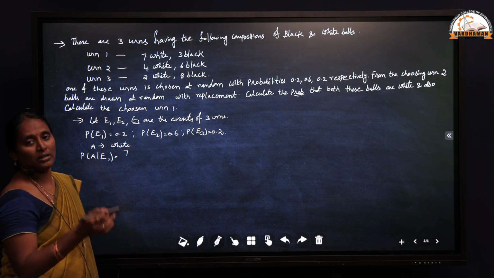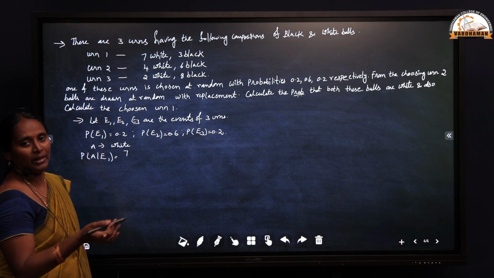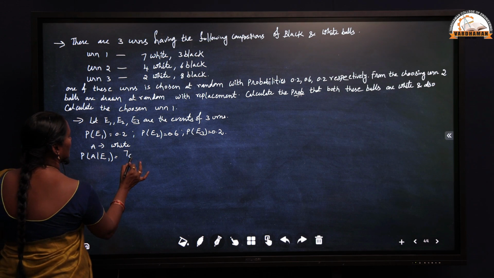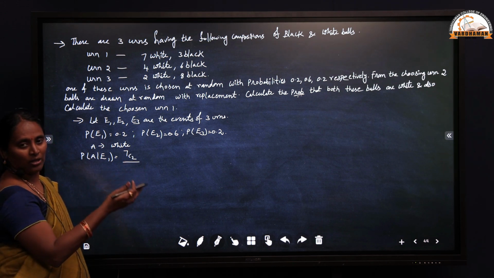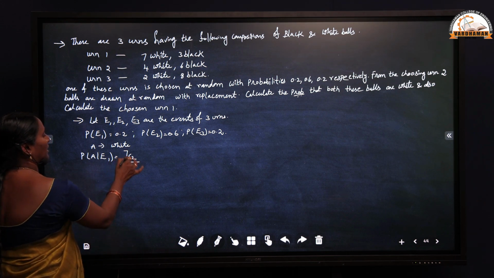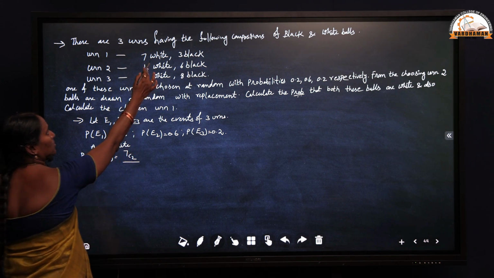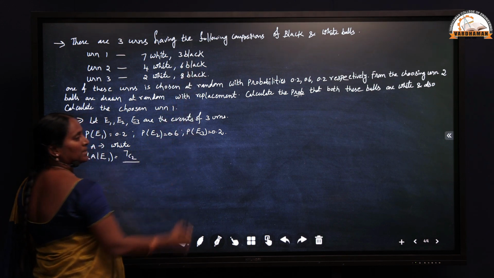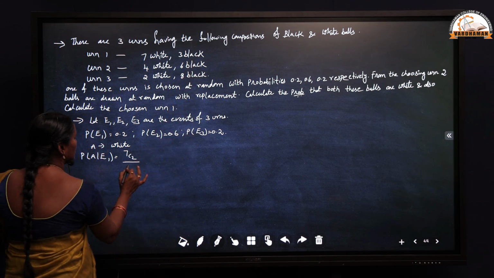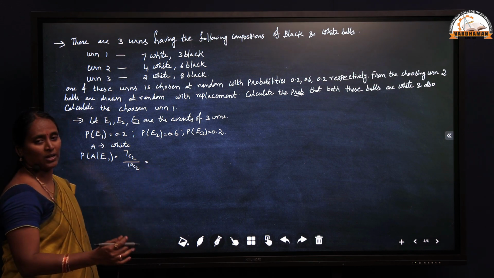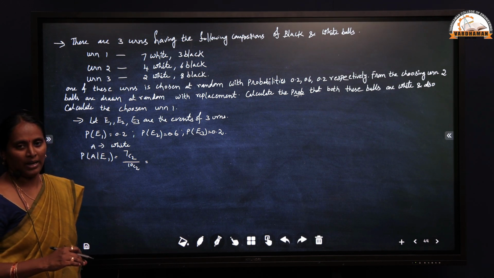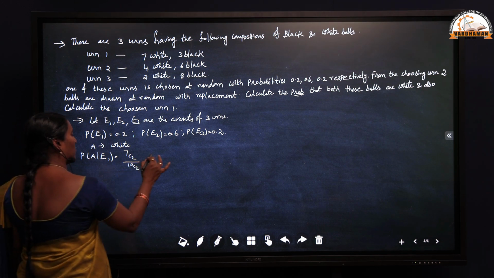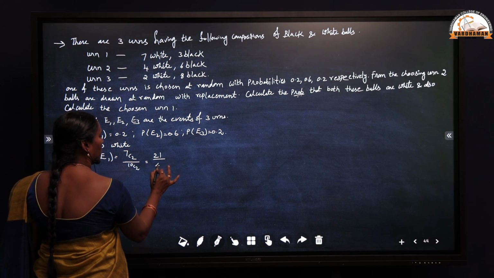Out of 7 you are choosing 2 balls, so the number of ways is 7C2. Total number of balls is 7 plus 3, 10. So 7C2 by 10C2. We know the formula nCr equals n factorial by r factorial into n minus r factorial. So the value is 21 by 45.